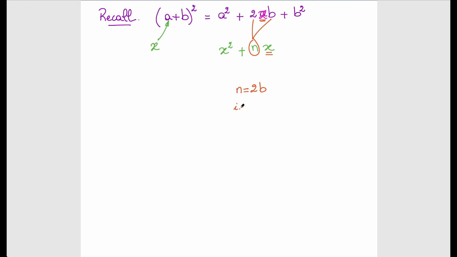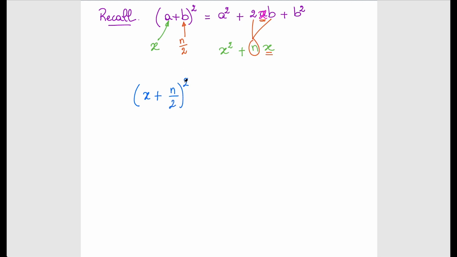That is to say b is equal to n over 2, right? So I can take b then to be n over 2. So with this little analysis, what can we say? What's then x, I'm taking a to be x, plus b, which is n over 2.